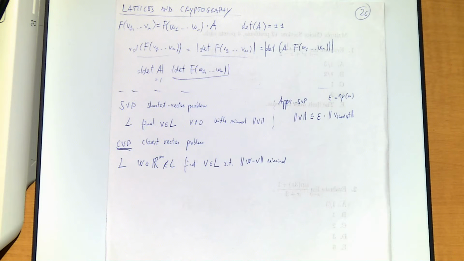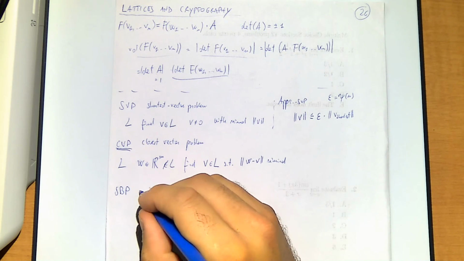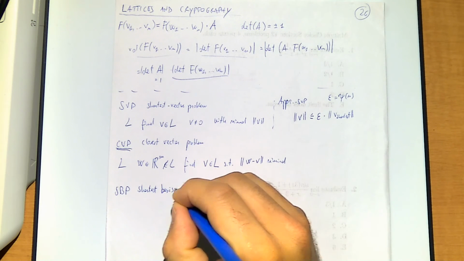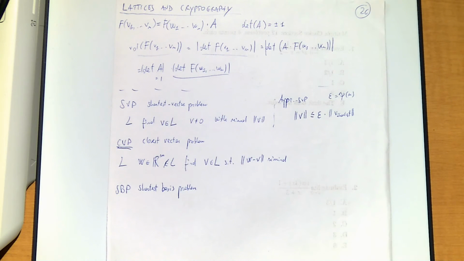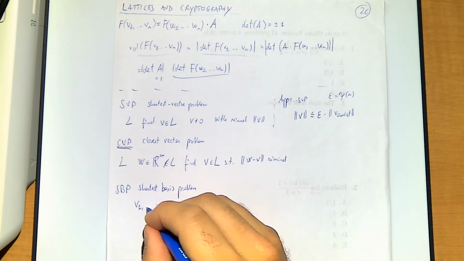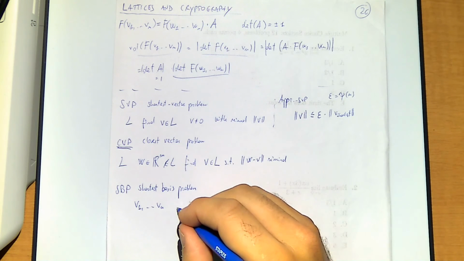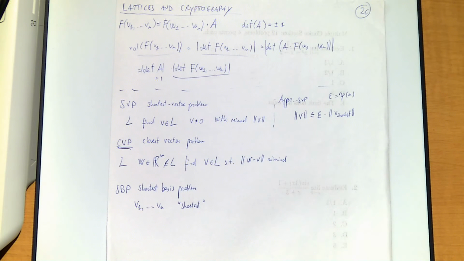Okay. You also can think about, for example, the shortest basis problem, which is basically the problem of finding a basis V1, ..., Vn that is shortest in some sense. For example, you may want to ask that the largest vector in the basis is less than something.